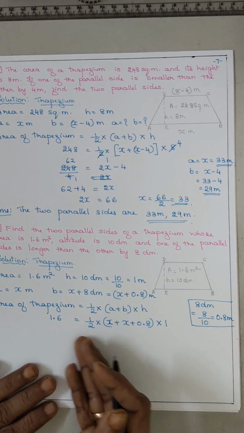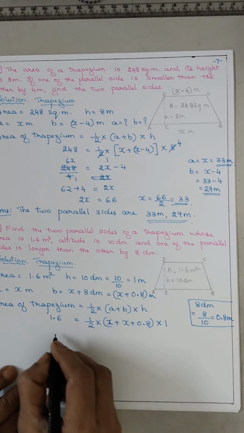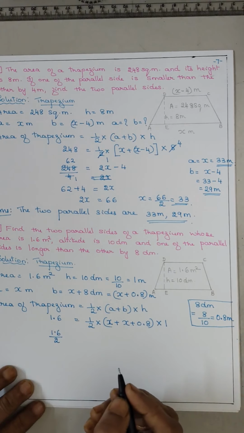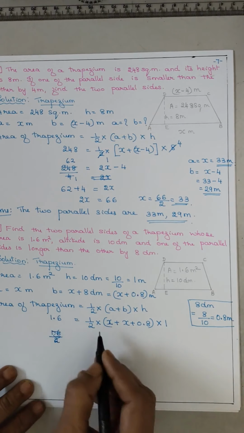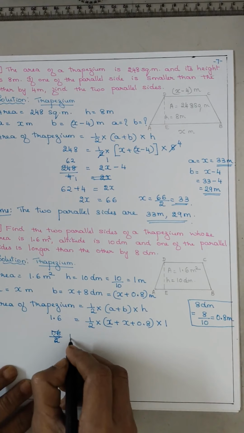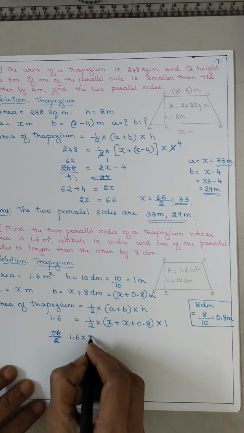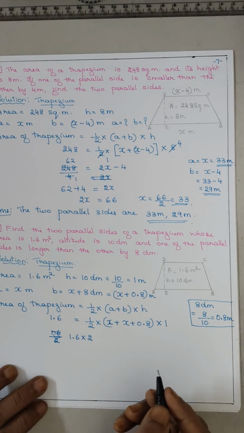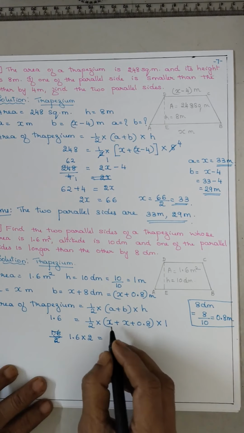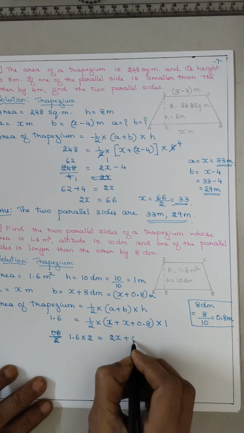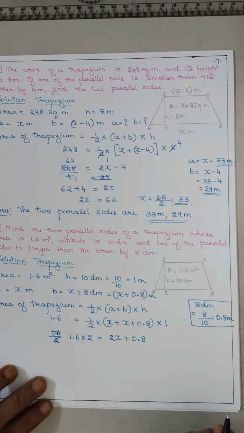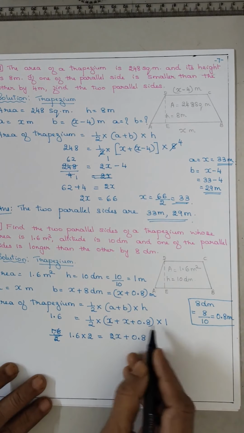So directly you can divide 1.6 by 2. Sorry, multiply, isn't it? When it goes to the left, it goes multiply by 2 is equal to x plus x is 2x plus 0.8. Understood?